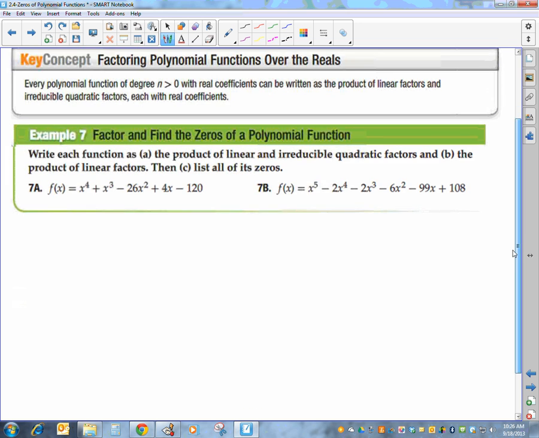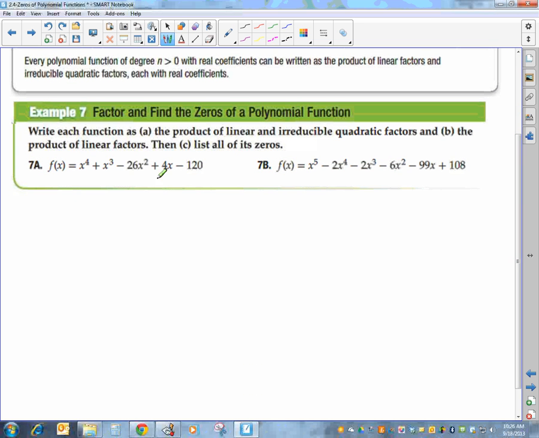All right, so we are going to take each of these polynomials and factor it to find the zeros of the polynomial. So to start off with, I'm going to graph it and find out what the possible zeros are. Remember, the possible rational zeros are plus or minus the factors of 120 over 1.